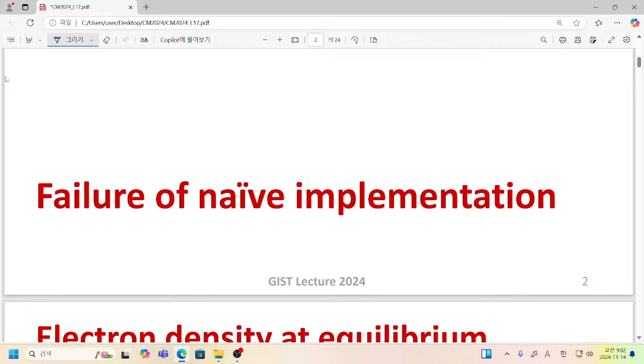Previously I showed you that when we make a certain discretization of this term, the gradient of electrostatic potential can be well approximated as the difference of electrostatic potential divided by the distance between two neighboring nodes.